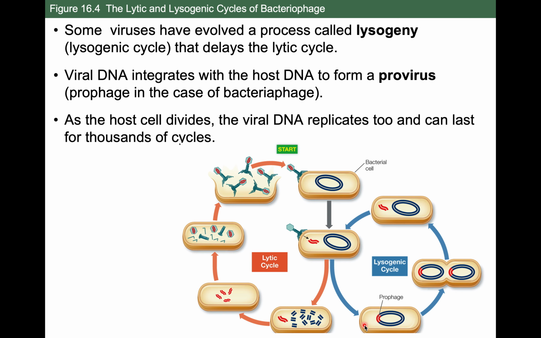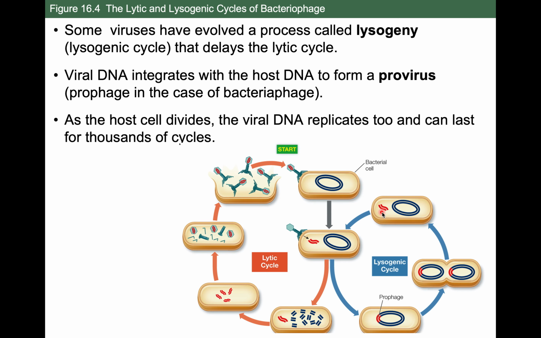That is in contrast to the lysogenic viral life cycle, which can be seen here on the right. In the lysogenic cycle, either the virus or the virus genome gets inside the host cell. In this case, we're back to bacteriophage, so it injects its genome, DNA, into the host cell, and instead of immediately producing new virus particles, that viral DNA just hangs out.